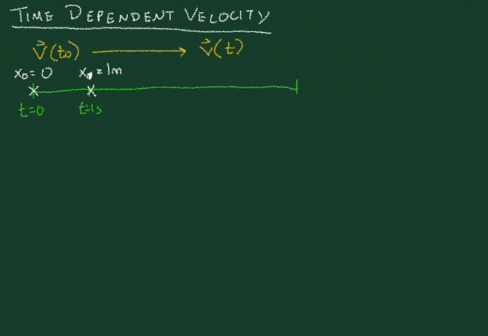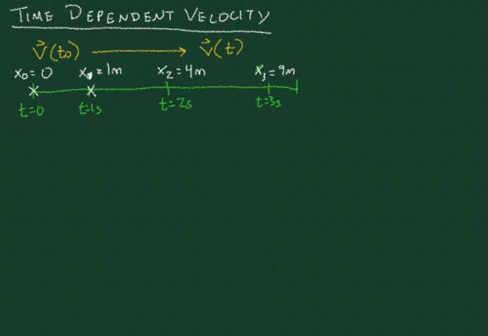Then we click our stopwatch again. We notice that when we get to t equal to 2 seconds, now at x2 we're at 4 meters. And then when we get to t equal to 3 seconds, our position x3 is equal to 9 meters.